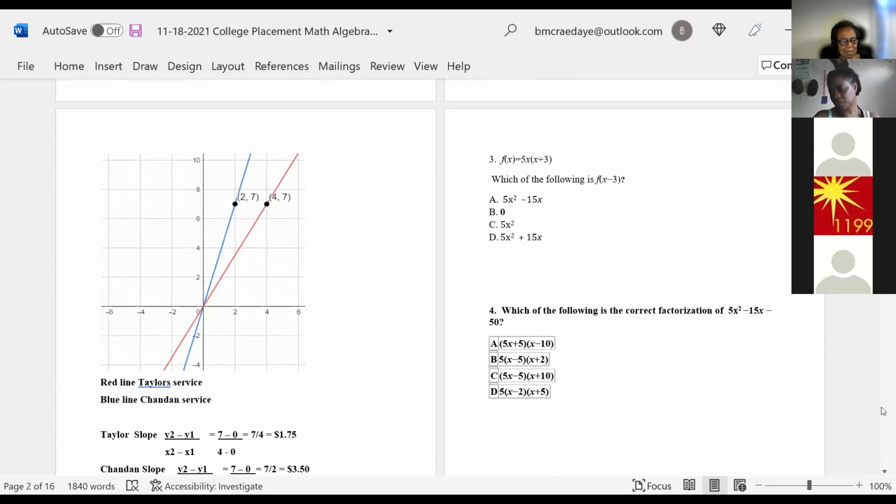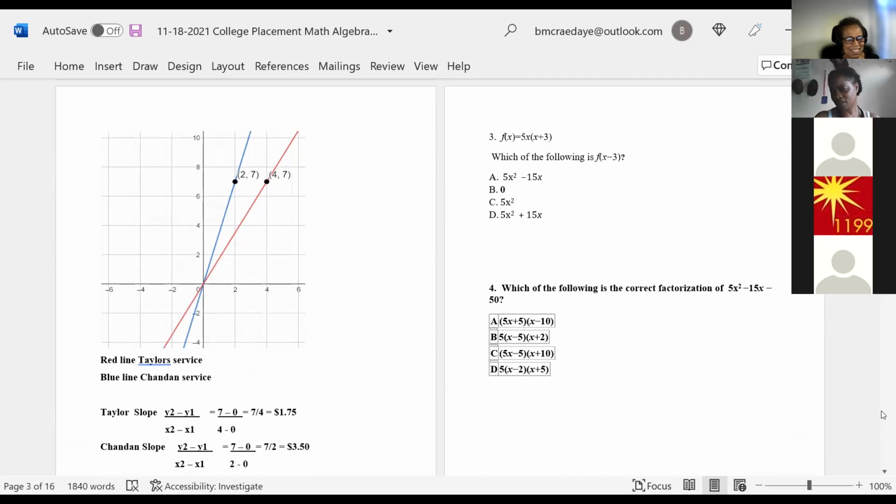This is college math. This is not fast. This is college placement. Vanessa, you got your diploma now, so you're moving up in the world. I do graphs and all the different graphs and I've never seen this.